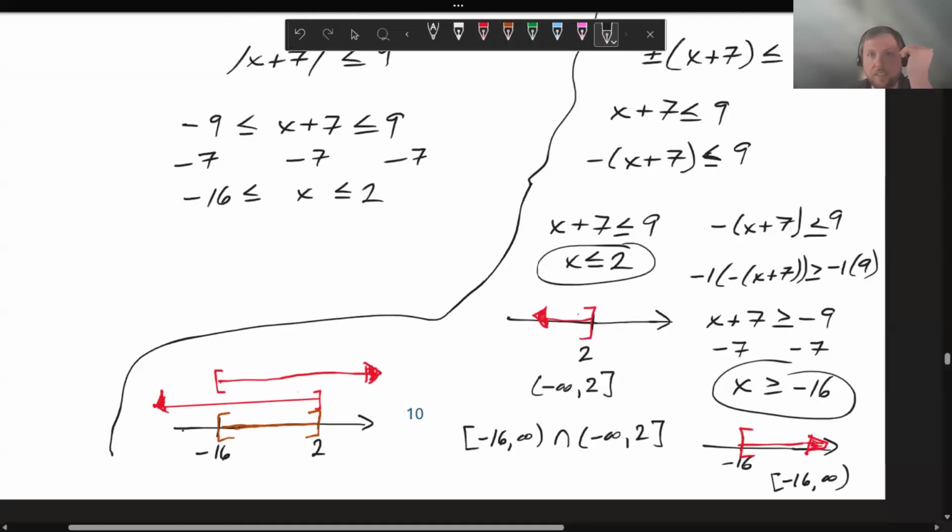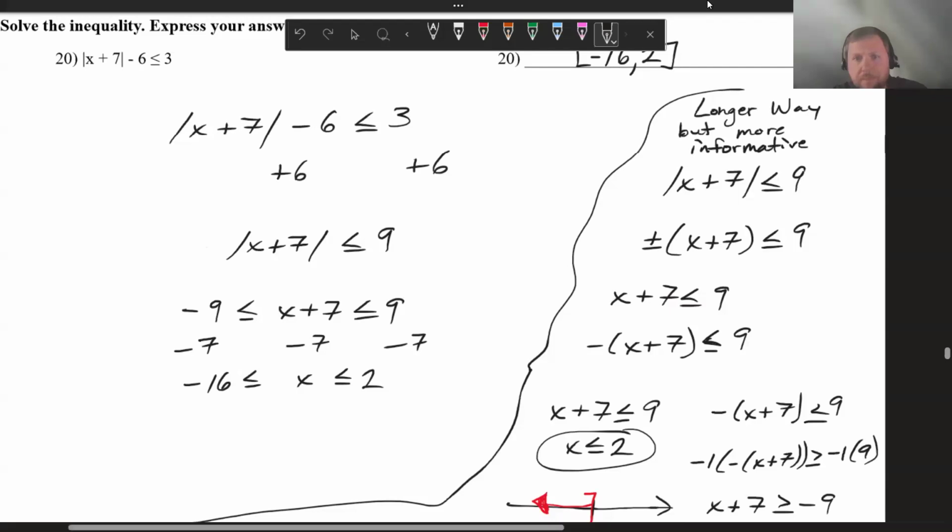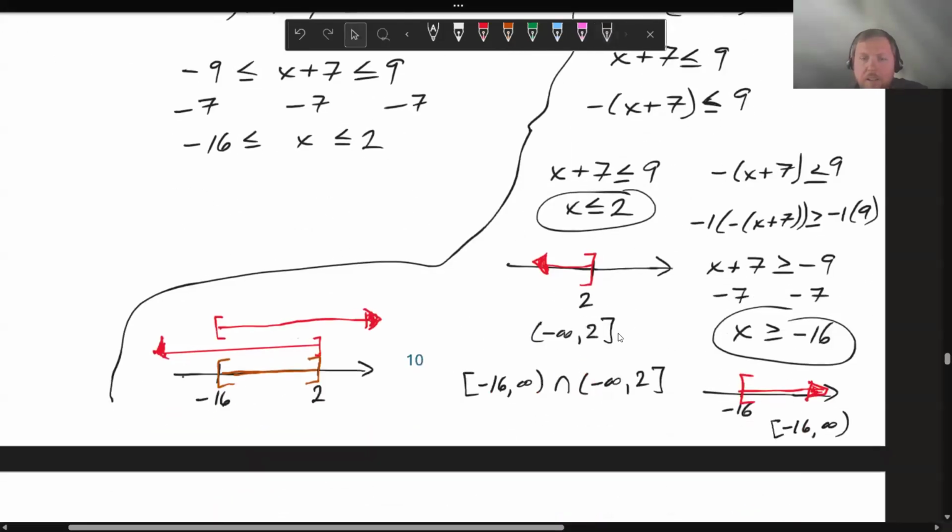So this is the longer way, but more informative on the nuts and bolts of how the stuff is working. I'm still not super deep on it, but maybe a bit deeper on how to think about it.